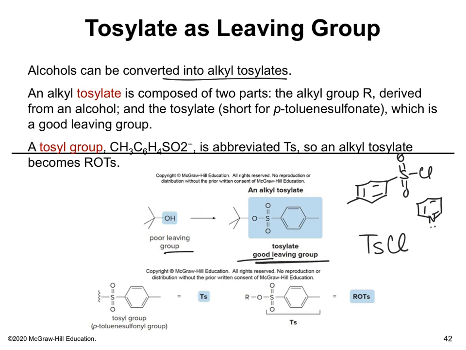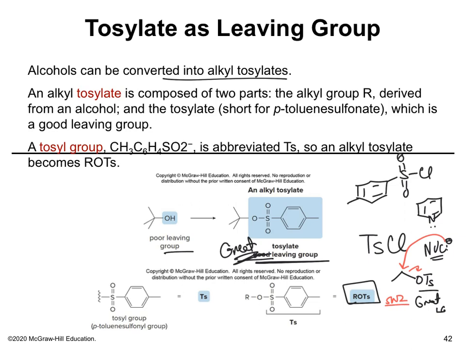And that is, I would not say good, I would say that is a great leaving group. You don't have to draw that whole structure. Anytime you want to do that, you can just write O-tosyl, and you need to know that that's what that is. That's a great leaving group. So if you have a nucleophile and you have an O-tosyl, then you can just do an SN2 reaction, such as that.